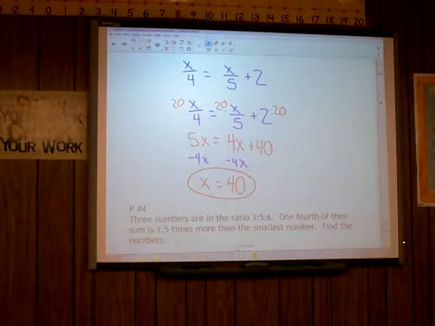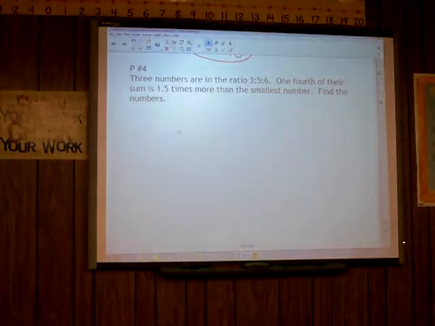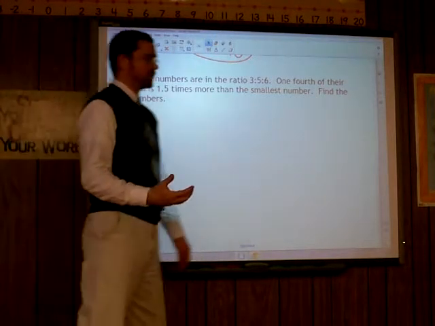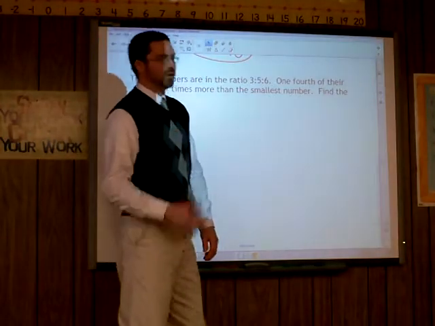So this is one of those ratio ones. Okay? So how would we set this? How would we have to deal with this? If they're in the ratio 3 to 5 to 6, then how would we represent each of the numbers?